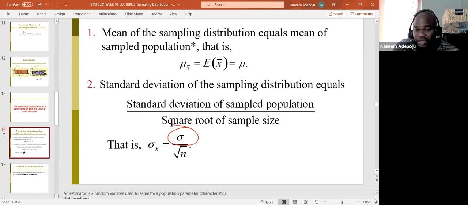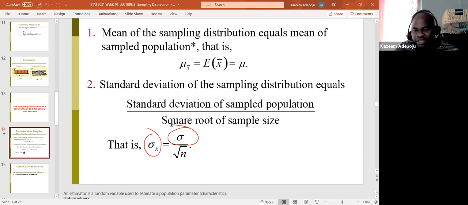And this one here is the standard deviation of the sampling distribution, which we also call the standard error. We believe this is going to be smaller than the standard deviation of the parent population. So that is a belief.